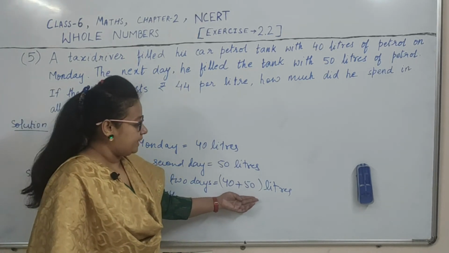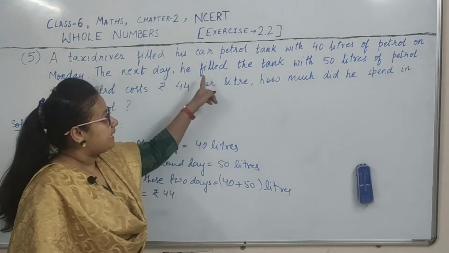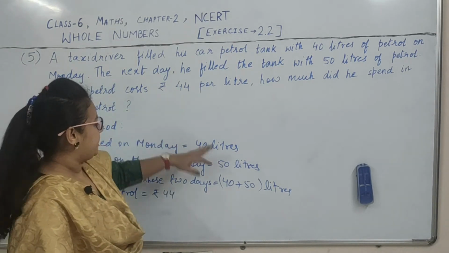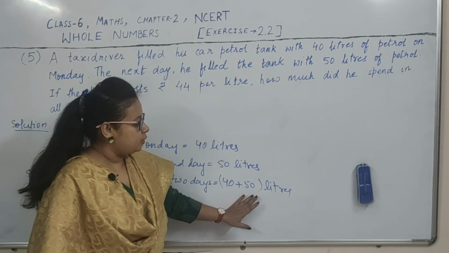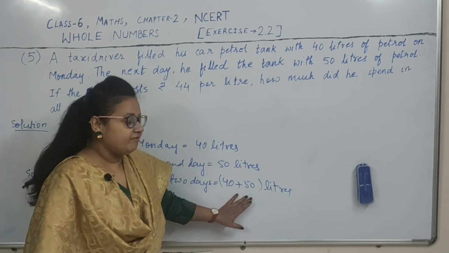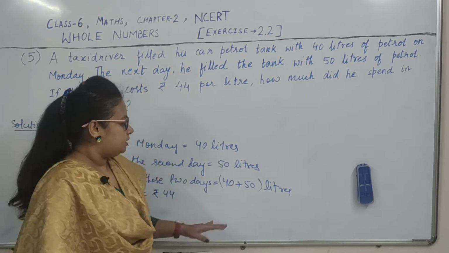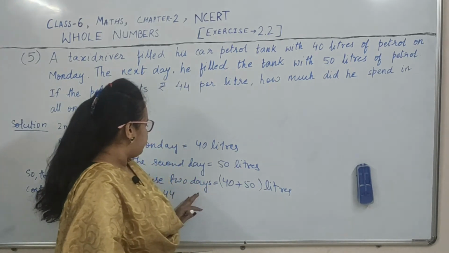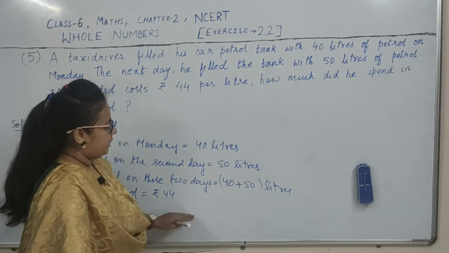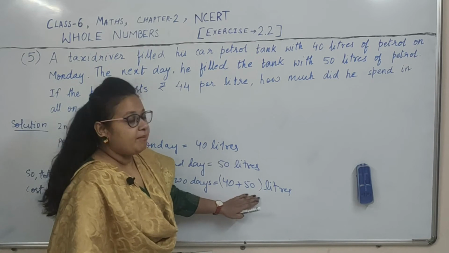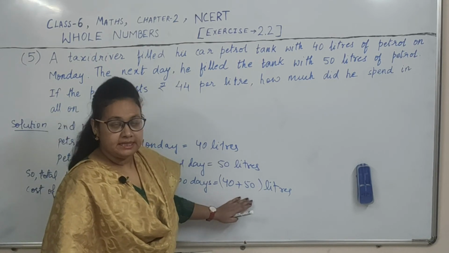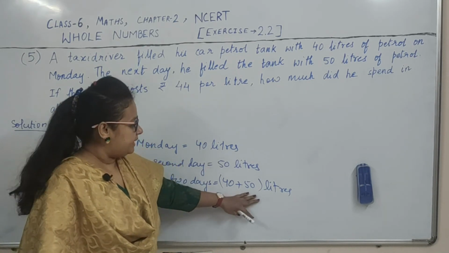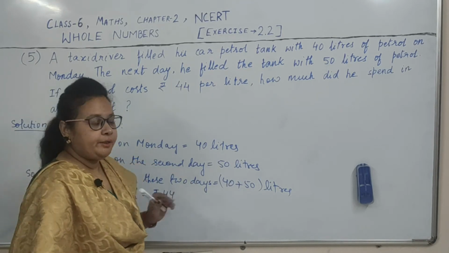Because this is the total petrol used on Monday and on the next day. So how much money will be spent on the petrol? The cost of 1 liter of petrol multiplied by the total amount of petrol used in these 2 days will be the money spent on petrol in total.